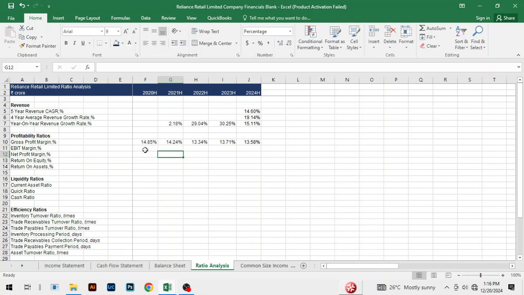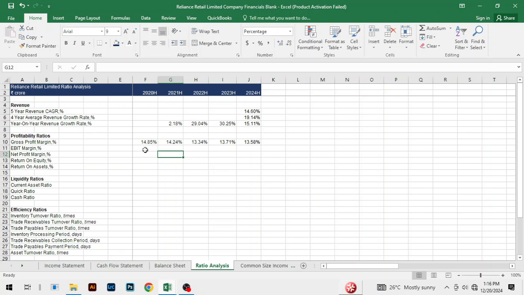Sometimes it tells us more about the cost price relationship, or the cost structure of the firm, in as much as the cost of goods sold is concerned. And after that, we will compute the EBIT margin. EBIT stands for earnings before interest and tax. Some love to call it operating income or income from operations.